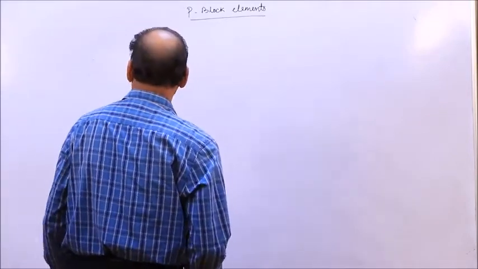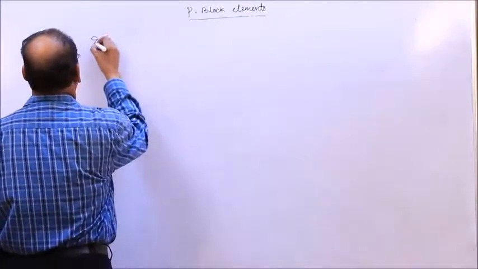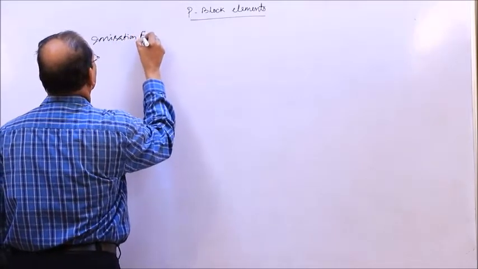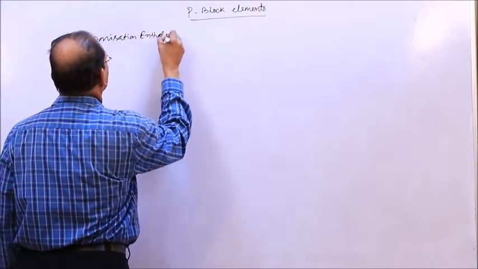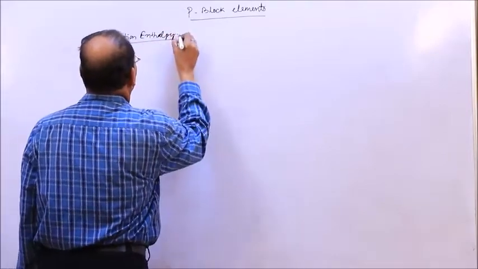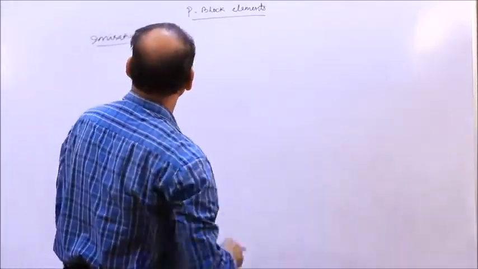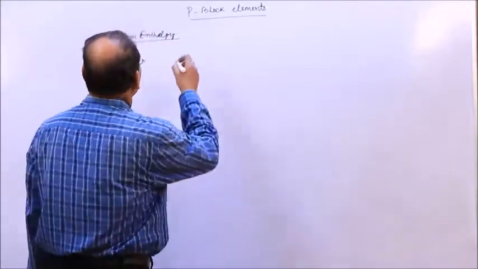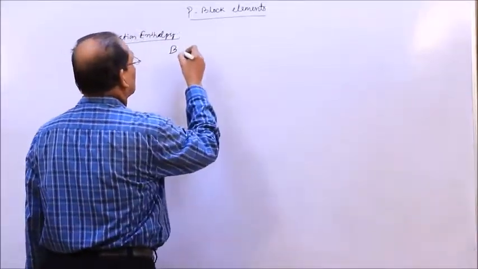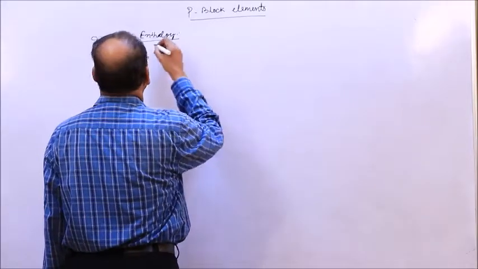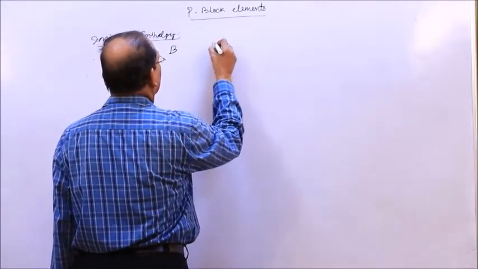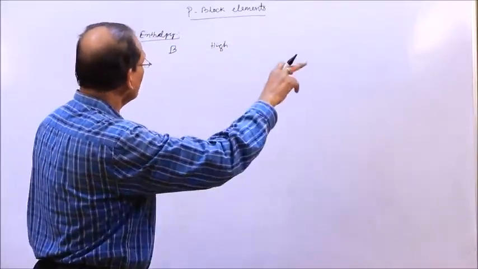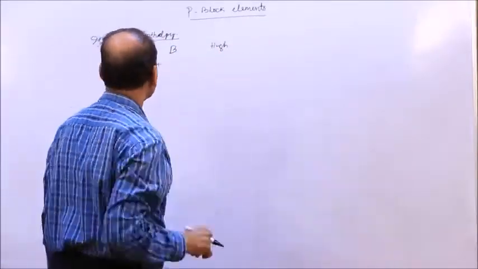Then the ionization enthalpy, as in the case of the non-metallic character, is extremely high. For boron, the ionization enthalpy is high or maximum, and it decreases along the group from boron to thallium.